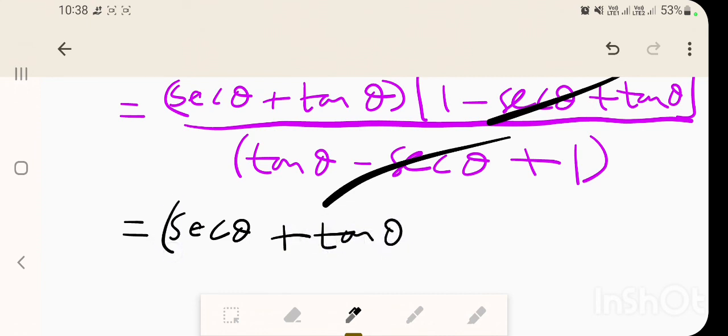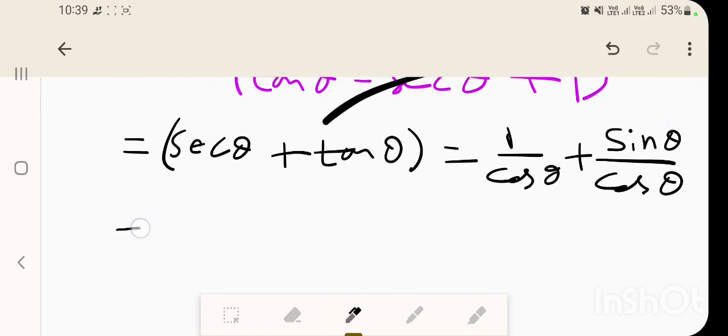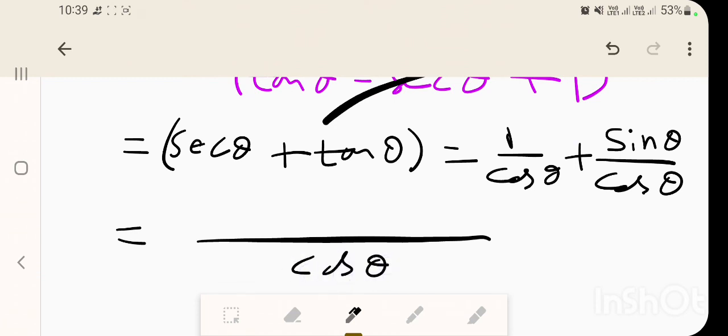Secant theta plus tan theta, in place of secant theta we can write 1 by cos theta, and in place of tan theta we can write sin theta by cos theta. Now if you take the LCM, cos theta is the LCM.